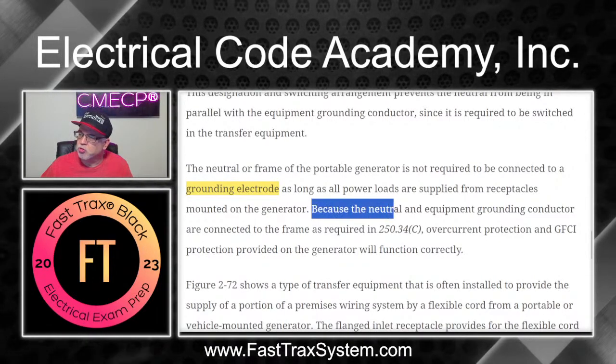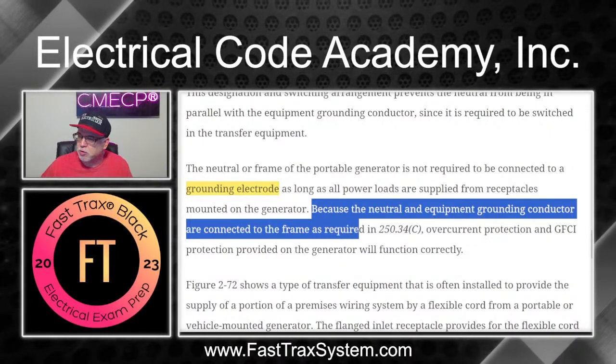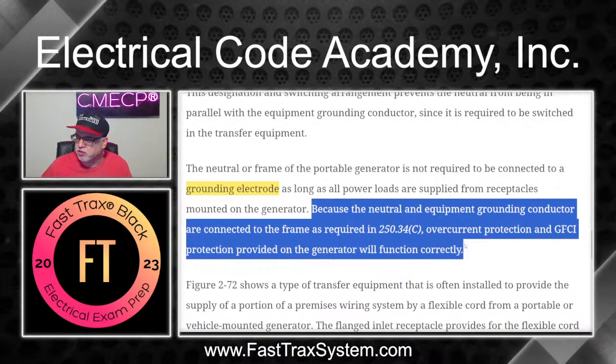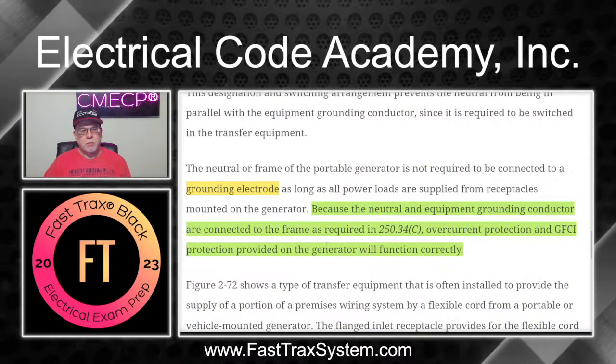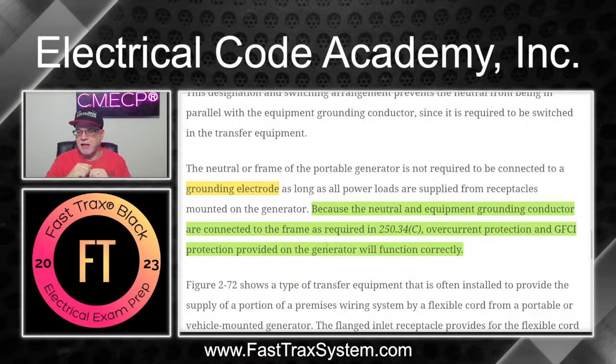Now, because the neutral and equipment grounding conductor are connected to the frame, as required in 250.34(C), overcurrent protection and GFCI protection on the generator will function correctly, okay? So this is a generator where you have the bonding jumper in it. Everything's bonded, okay?